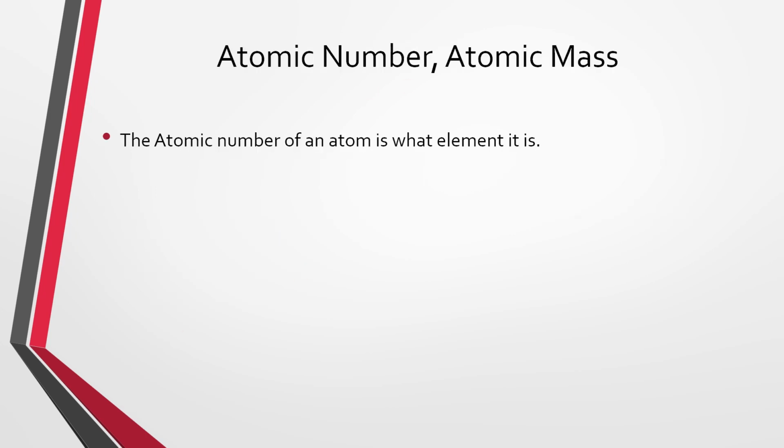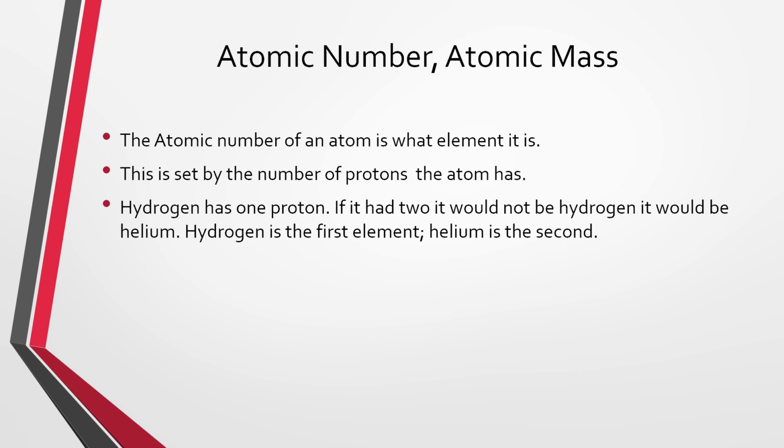So now we'll talk about atomic number and atomic mass. The atomic number of an atom is what element it is. This is set by the number of protons that the atom has. For example, hydrogen has 1 proton. If it had 2, it would not be hydrogen anymore. It would be helium, which is the second element.